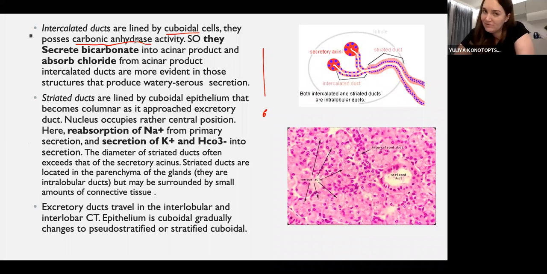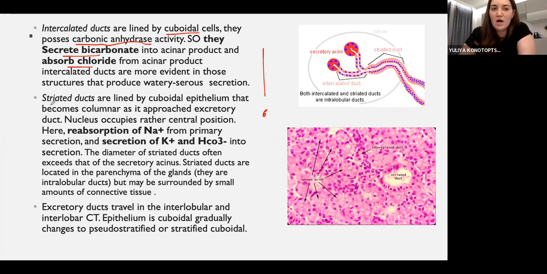But you need to know that this enzyme secretes bicarbonate into the saliva and absorbs chloride from it. So what is the job of the intercalated duct? How exactly do they modify the saliva? They add bicarbonate into saliva and remove chloride.